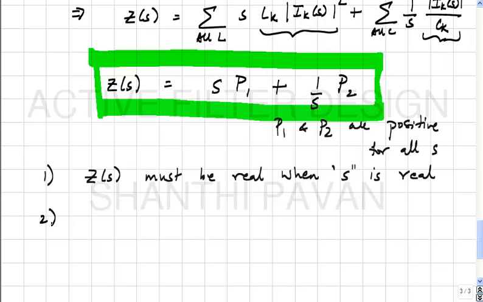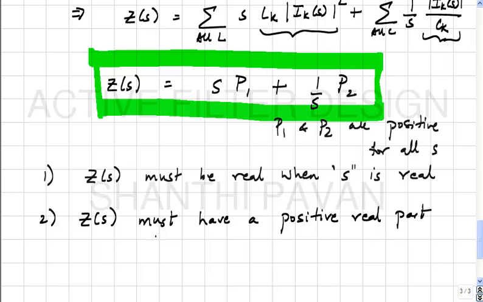And second, please note that if S is complex, Z of S must have a positive real part if S has a positive real part.